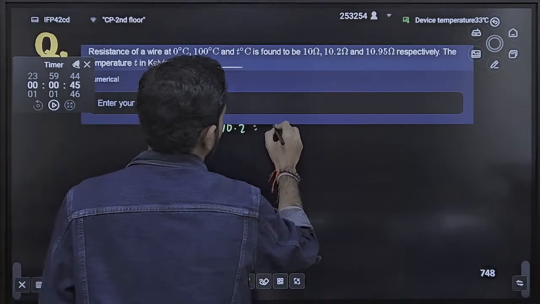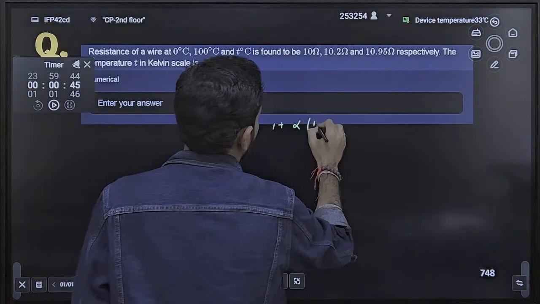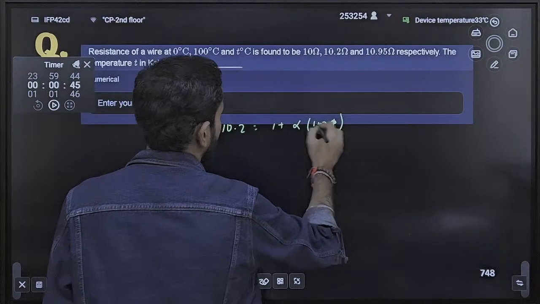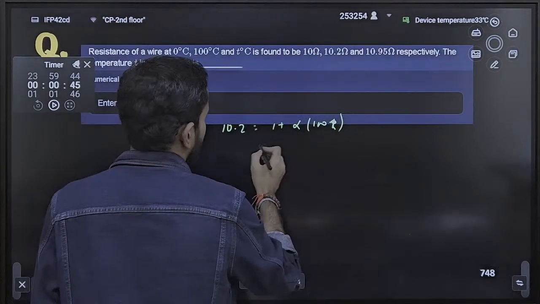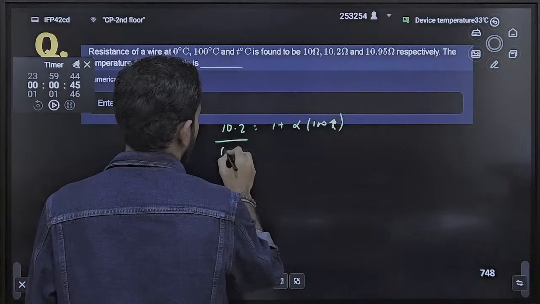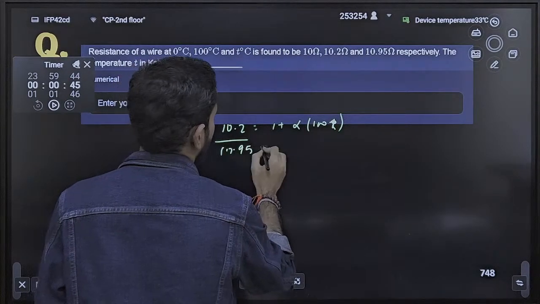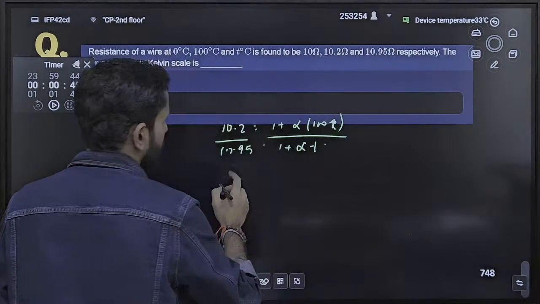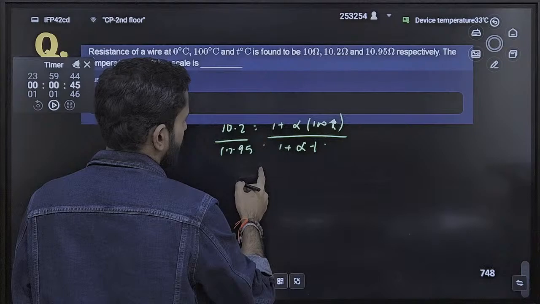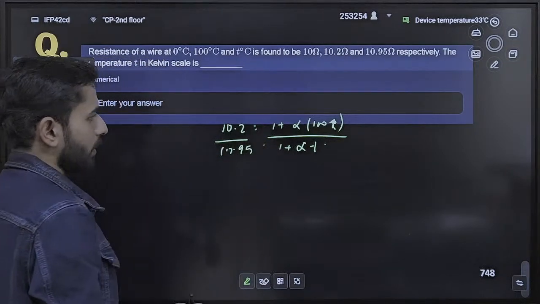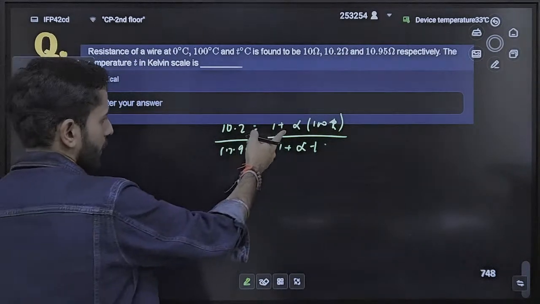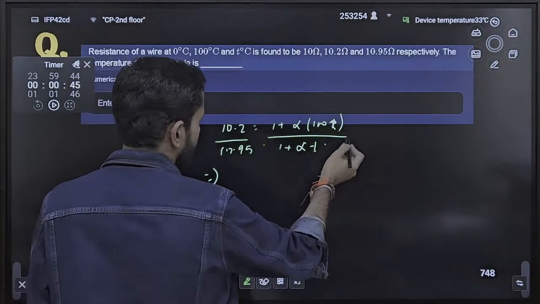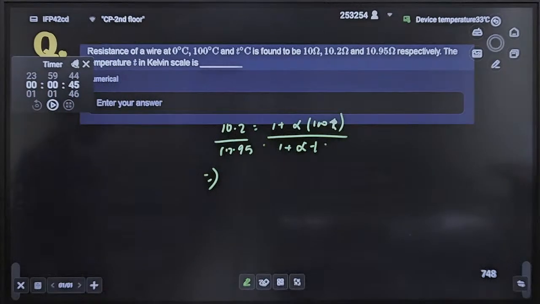10.2 is equal to 1 plus alpha into 100 T. So it is already alpha delta 100. Then you can take the ratio 10.95 is equal to again 1 plus alpha into T. So better that firstly change the direction, take 1 on this side, 1 on this side, then take the ratio of equation 1 and 2, then you will easily have the answer.